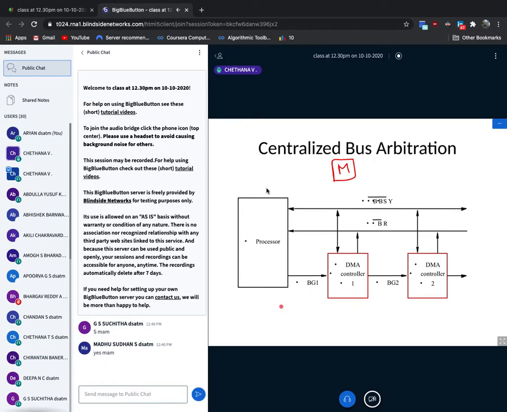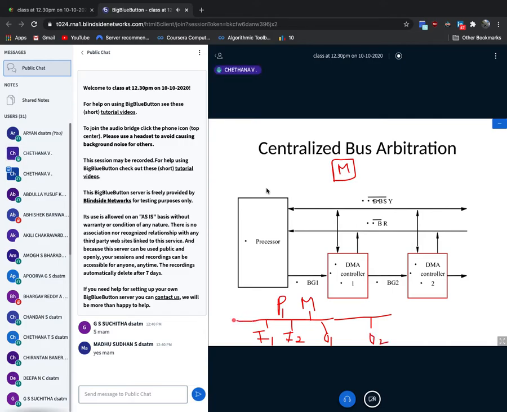How will the devices be connected? I told you in the previous class itself. This is the processor, this is memory, and all are connected to the bus. We have a bus like this. This is input one, this is input two, this is output one, output two.